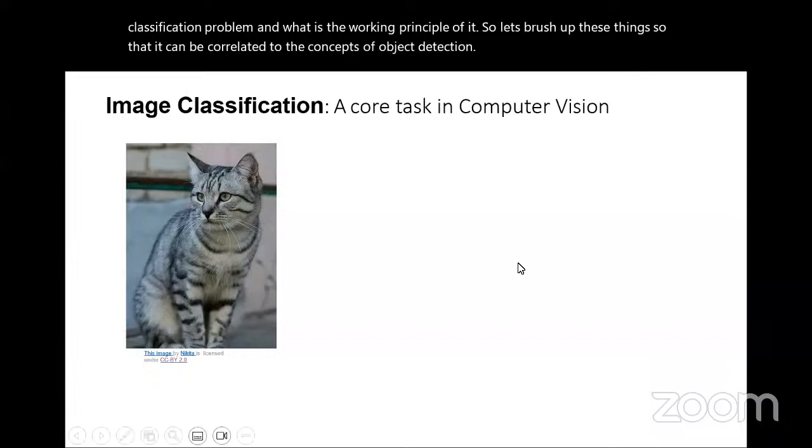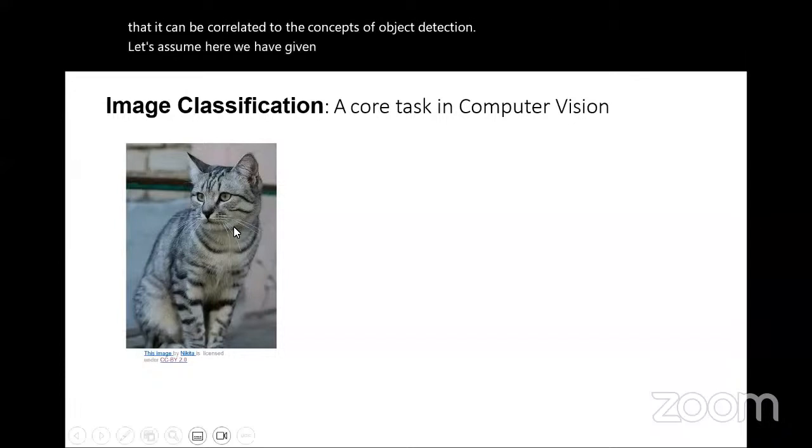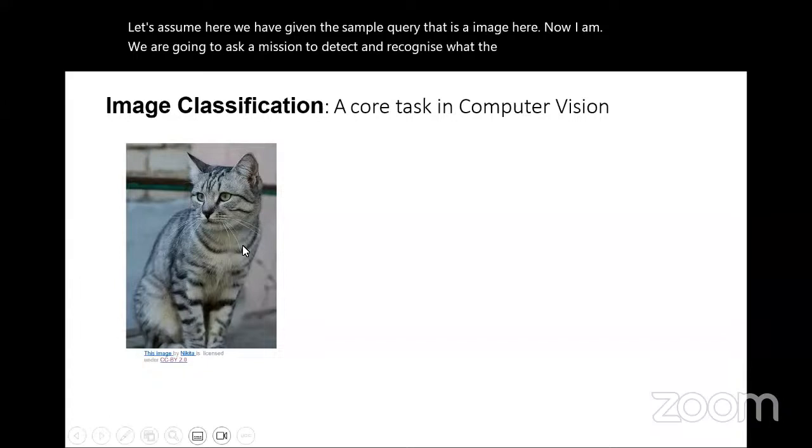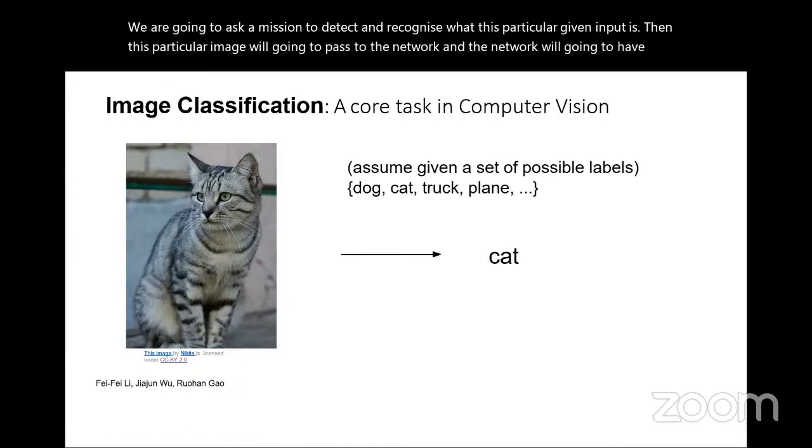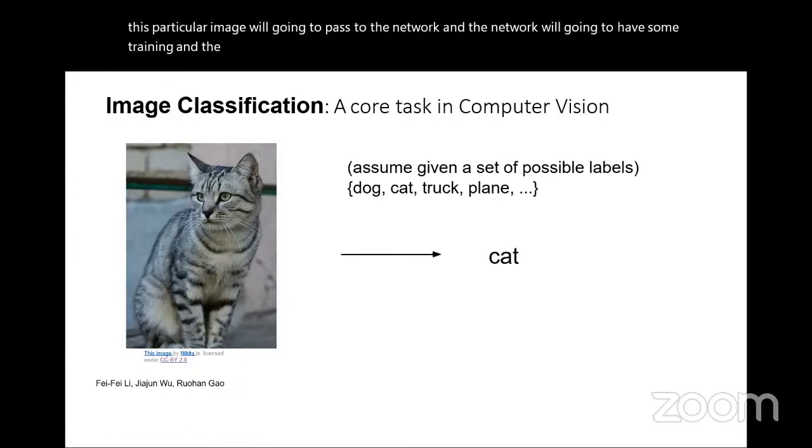Let's assume we are given a sample query image. Now we ask a machine to detect or recognize what this given input is. The image is passed to the network, which has some training and the corresponding weights with some loss functions.